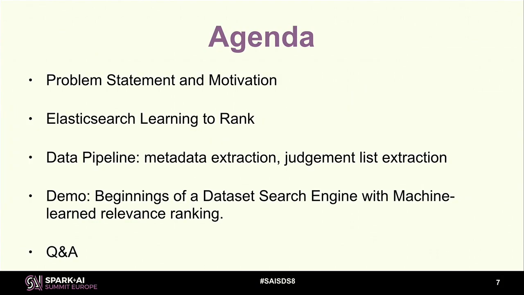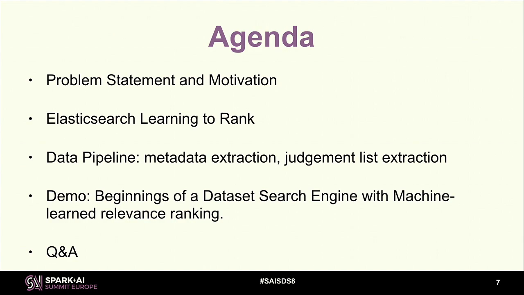For the agenda, I'll introduce the problem statement and motivation, expanding a little on the previous talks and giving it a bit more detail. I'll talk about the Elasticsearch Learning to Rank plugin, which is what I used to develop this.